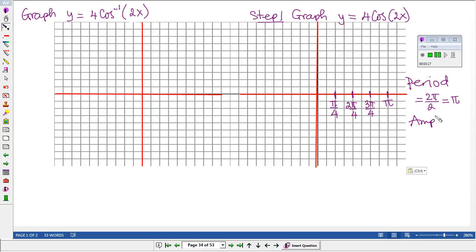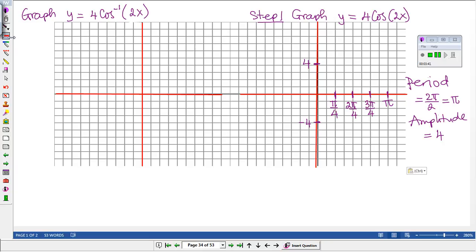The amplitude is 4. So I'm going to label the amplitude on the graph. 1, 2, 3, 4. So this will be positive 4. 1, 2, 3, 4. So this will be negative 4.